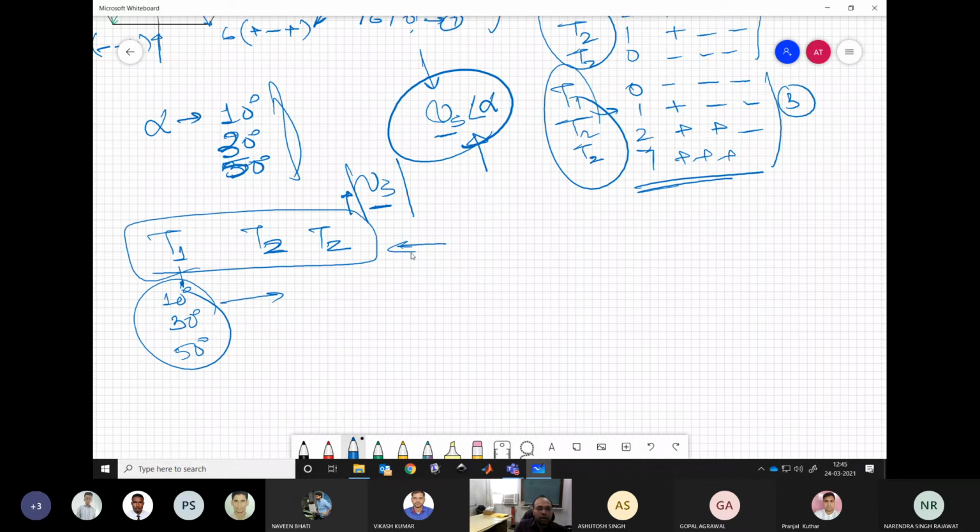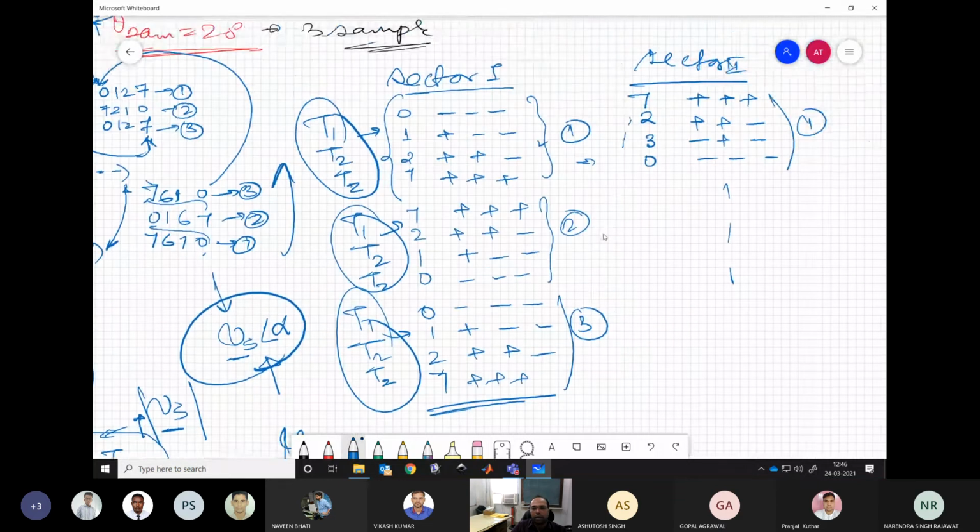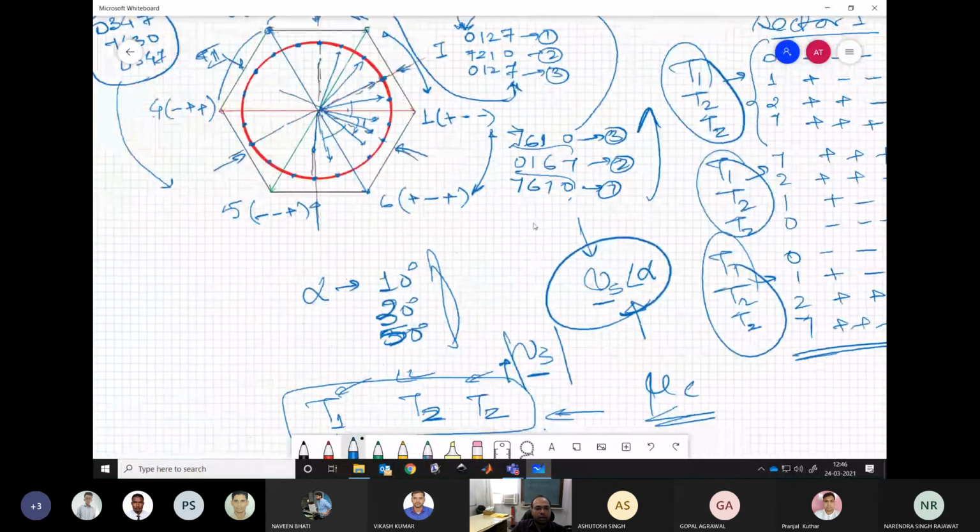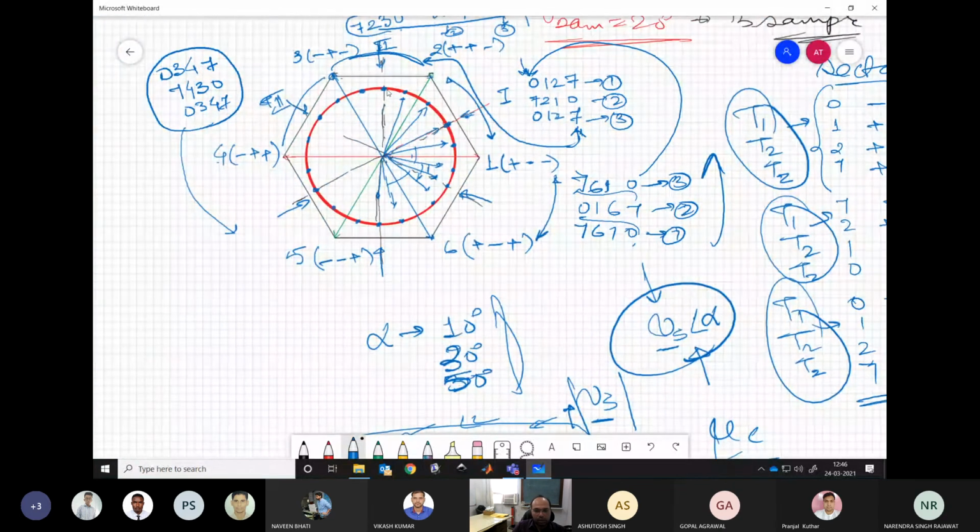With these 3 sets of numbers computed in our microcontroller, we can apply these vectors in this manner, whatever we are discussing over here, and then we can realize this voltage vector, Vs.